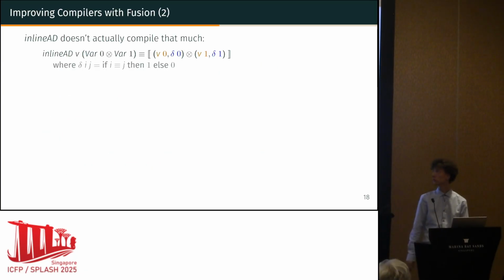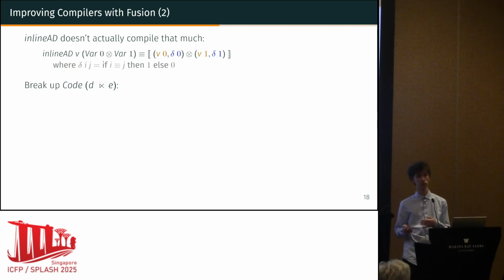Now this compiler is not very good because it quite literally dumps the input expression back into code. But we can improve on this by breaking up larger pieces of code into smaller, more manageable ones.